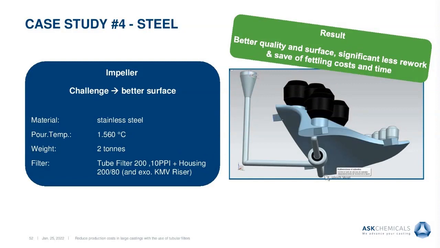Here you can also see what I mentioned already before: this housing is tilted by 90 degrees so that you can use both exits. It was very easy to install, very simple for the people, and we could also save some other runners. Also very important for the producer was that the pouring time, compared to the same casting without any filter, did not increase, and we could easily reach that using tube filter and housing.